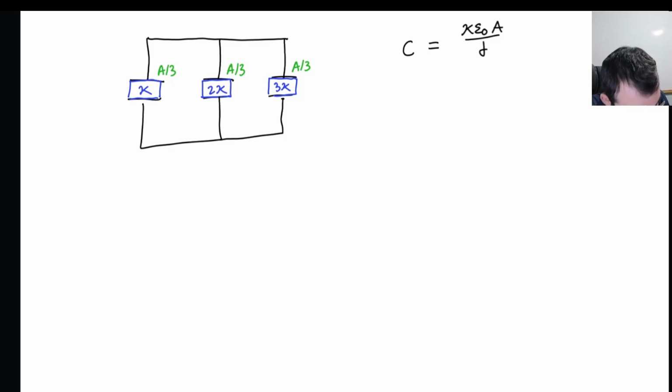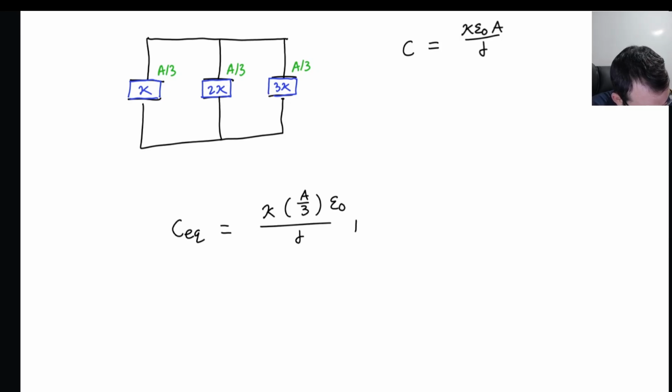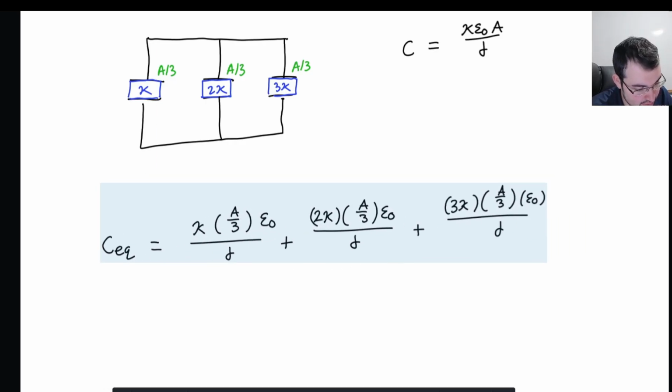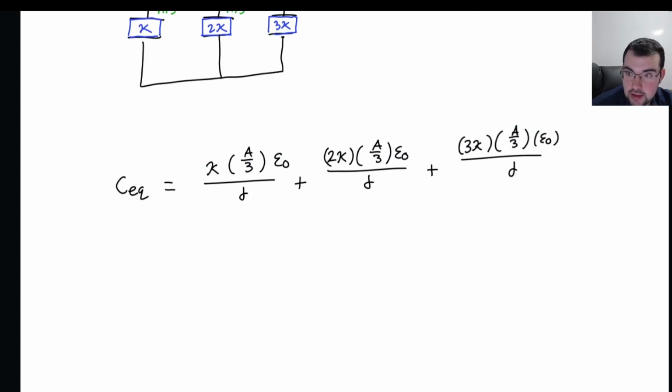So for our system, we're finding the equivalent capacitance, which is 1 kappa times A over 3 epsilon naught over D. Then I have 2 kappa for a third of the plate area, and then 3 kappa for a third of the plate area. And we'll actually notice something when we do this answer. All right, let's work it out.